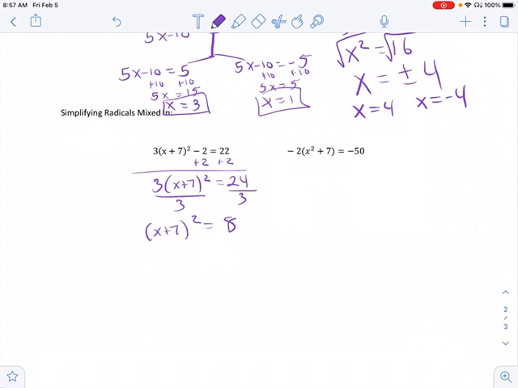And here I need to take the square root of both sides. So square root, I get x plus 7 equals the square root of 8.